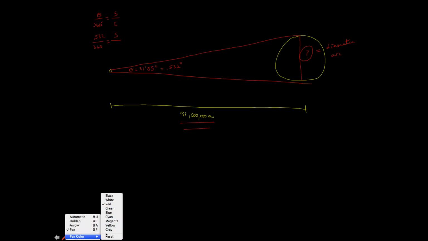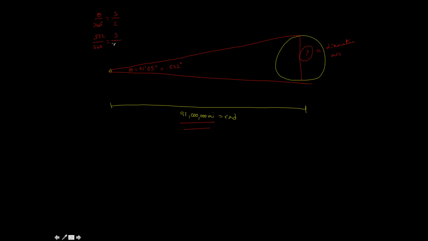Okay? Think of the solar system as a whole. The Sun is the center of the solar system. So the distance between Earth and the Sun would be the radius. That's what they gave you, is the radius.